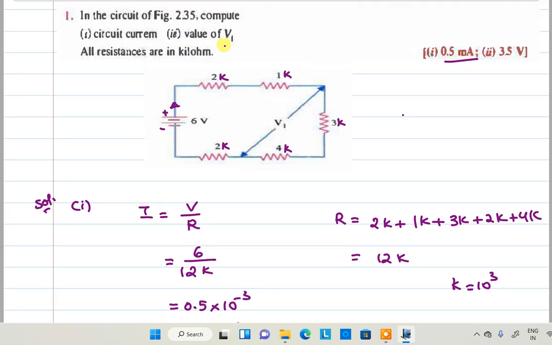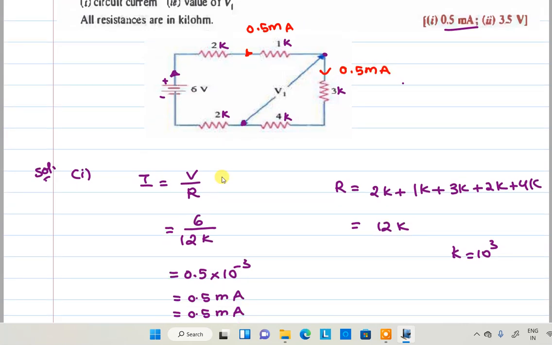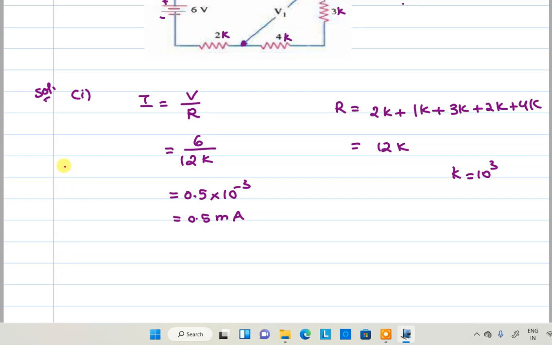Next, the value of V1. V1 is in between these two resistors, right? The current flowing through the series circuit is 0.5 milliamperes. That means the current flowing here is also 0.5 milliamperes, since it is a series circuit. Once you know the current, voltage V1 is equal to IR, current into resistance.